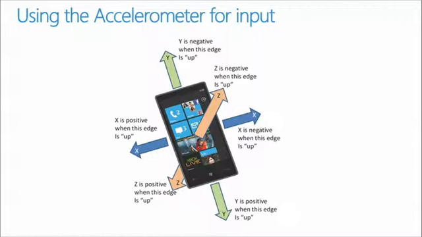So there's the axes. In case you're wondering, this is the way we view everything in terms of the accelerometer and the Windows Phone device itself. If you hold it flat, like you're setting it down on the table and you can see the screen, then Z is up. Z is negative in that direction, coming up from the screen, whereas looking down into the screen would be positive. X would be your axis when you're holding it in portrait mode, whereas Y would be your left and right axis when you're holding it in landscape mode.